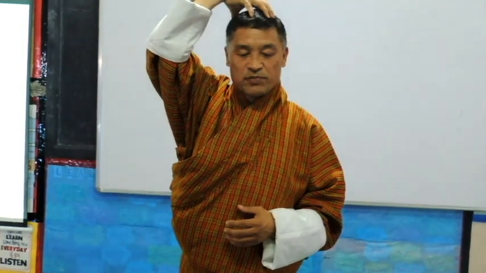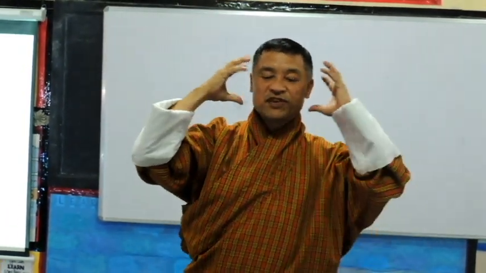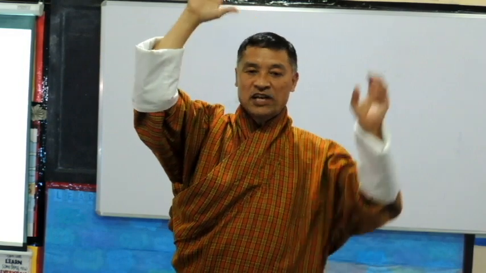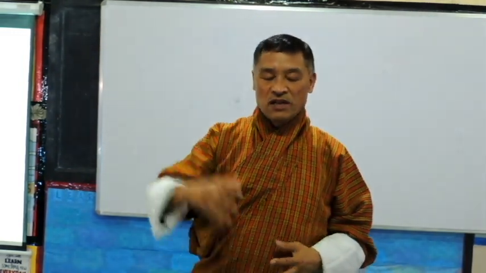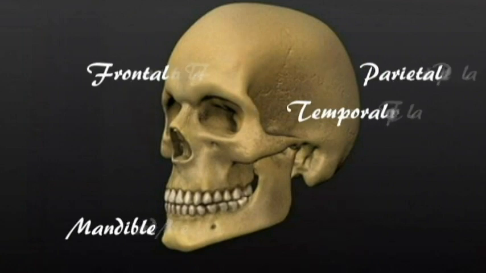In the head we have the skull, and the skull is meant for the protection of the brain, which is a very delicate organ. In the skull we have quite a number of bones, starting with the cranium.